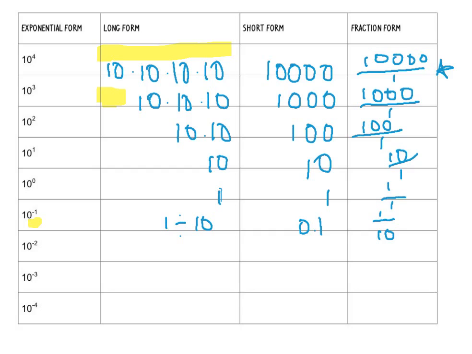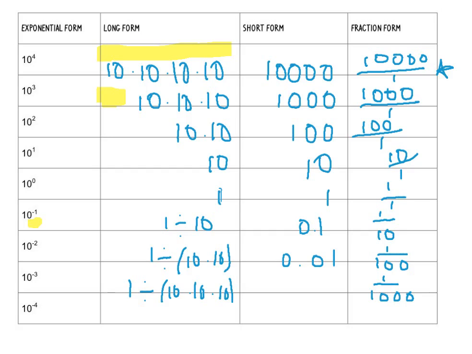The fraction form for 10 to the negative 2 would be 1 over 100, or 0.01. And that's 1 divided by 10 times 10, or 1 over 100. For 10 to the negative 3, we'd start again with 1 over 1,000, or 1 divided by 10 times 10 times 10.